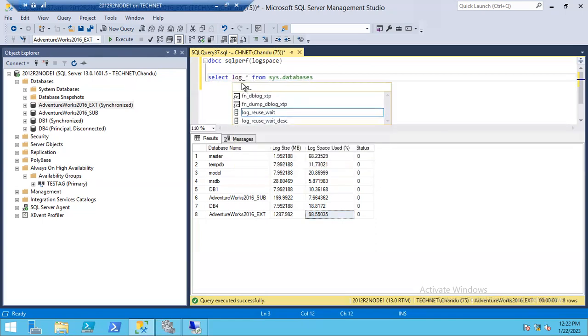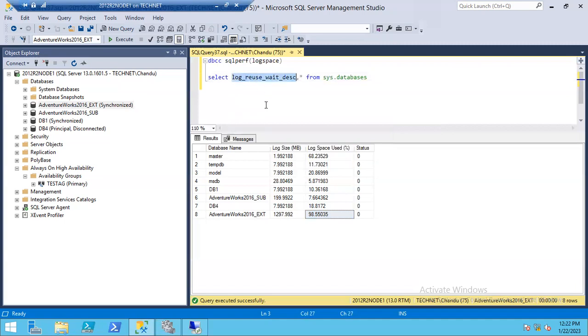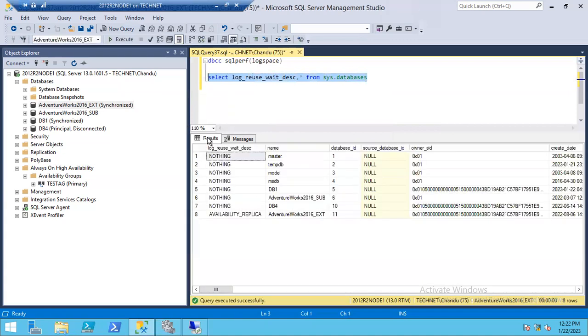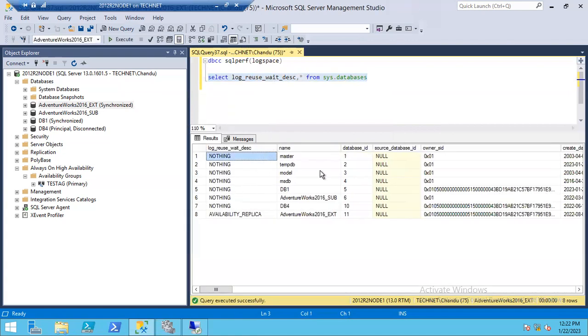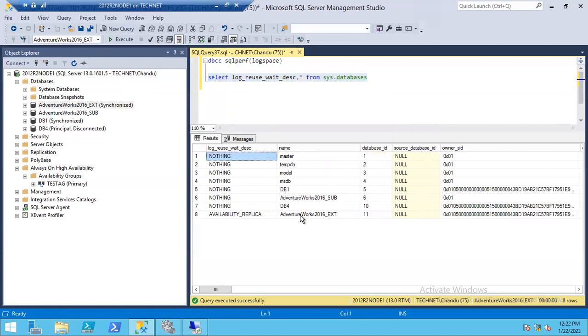The log_reuse_wait_desc column shows the current wait description of the particular database, what it is waiting for, and why the log file has not been truncated. If you execute with F5, you see that the database is waiting for availability replica.